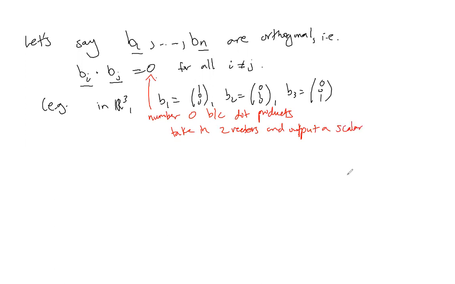Yeah, good question. The question was, are all orthogonal vectors linearly independent? That was the next thing I was about to say. So there's a proposition: orthogonal vectors are linearly independent, which intuitively makes sense to us.